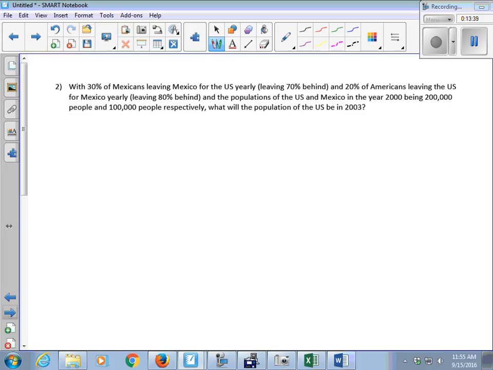So we make something called a migration matrix. When you have people or animals or whatever moving from one place to another and back, we create a migration matrix. Okay, so 30% leaving Mexico for the US.